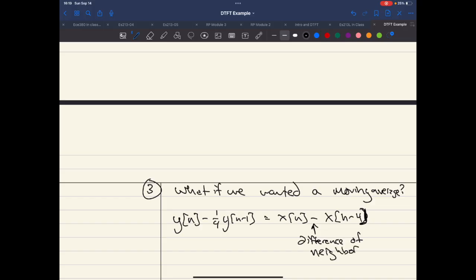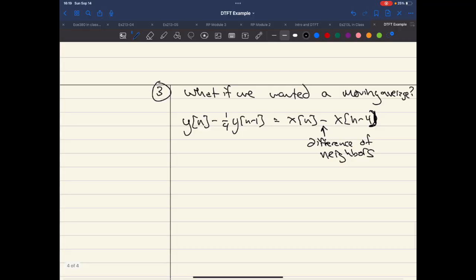Now they're not exactly neighboring right next to each other, but for all intents and purposes, yeah, it's kind of looking at two nearby samples in time and looking at their difference. What we would probably want to do for a moving average is add all the things together that are near each other and then give them kind of a relative weighting. We also probably would want to avoid any kind of feedback.